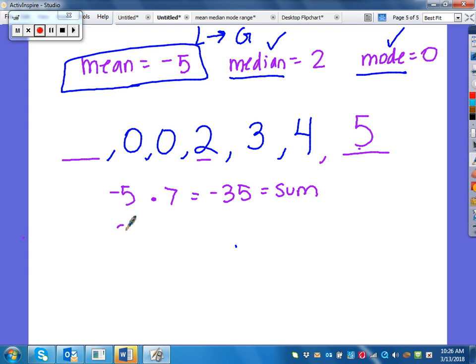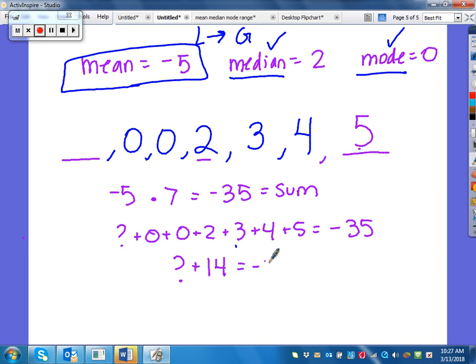What that means is I have my mystery number plus 0, plus 0, plus 2, plus 3, plus 4, plus 5 has to equal negative 35 as my sum. Now you may think that's impossible, but it is not. I'm dealing with my mystery number of question mark, or by all means use a variable, plus 14 has to equal negative 35.